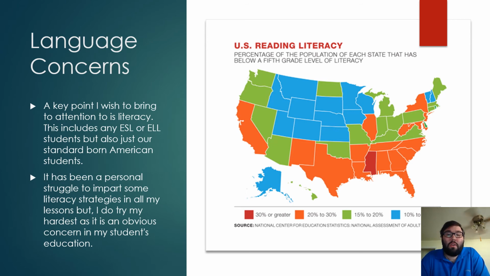Our chart here comes from the National Center for Education, and it's basically detailing the population of each state that has below a fifth grade level of literacy. Alabama is not the highest, but you can see down in the southeast there's a pretty large amount of individuals who can't read above a fifth grade level.